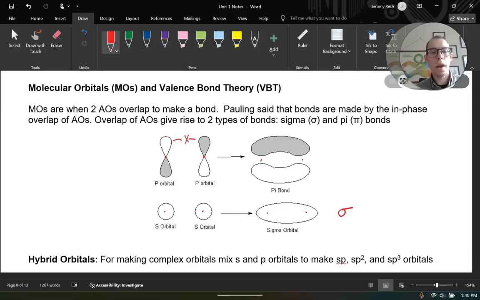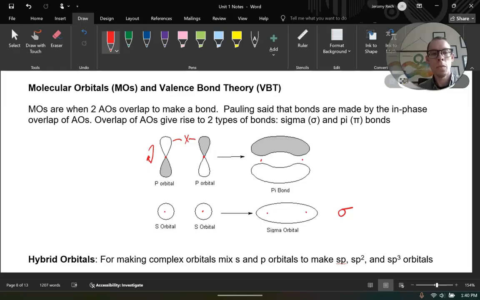In order to form one, you would need to rotate one of them around to get matching phases. Otherwise, they'll form what is known as an anti-bonding orbital. Those will be known as sigma star or pi star, where they don't match. Those are very, very high energy states. Your pi bond, though, can form where you get interaction above and below.